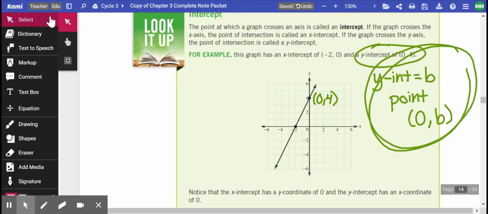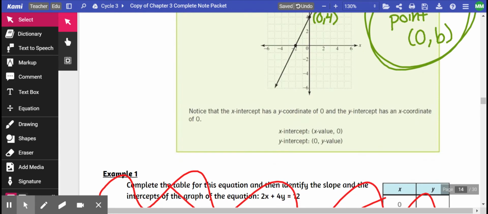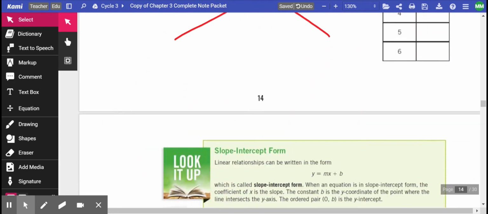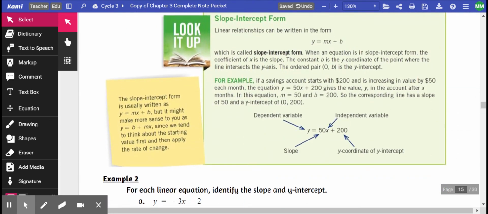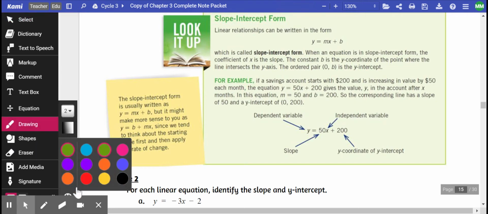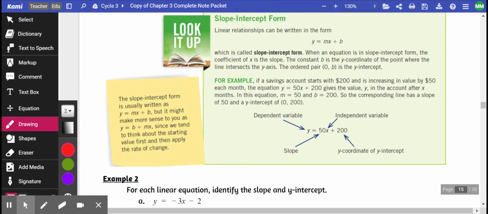All right, we're going to go ahead and skip example 1. And we're going to go straight into the next page where it talks about slope-intercept form. So it says the linear relationships can be drawn in the form y equals mx plus b. And this is going to be something that's really important that shows up throughout this section.